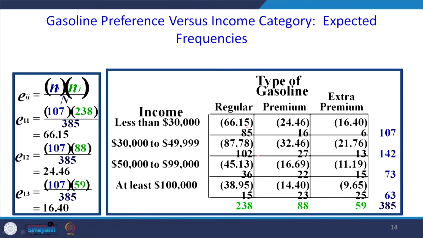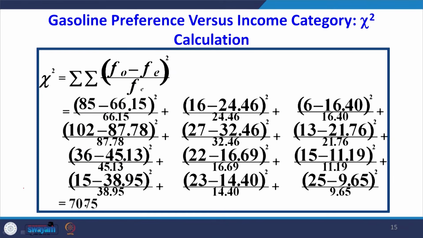Now we will find the chi-square calculated value. As we know, the formula is observed frequency minus expected frequency, whole square, divided by expected frequency. So 85 minus 66.15, whole square, divided by 66.15, this is the first cell.